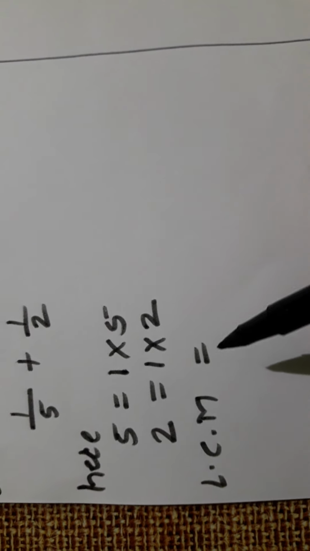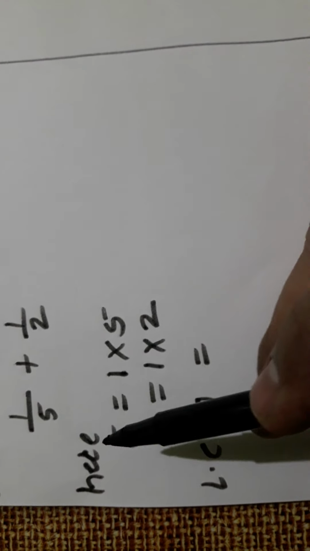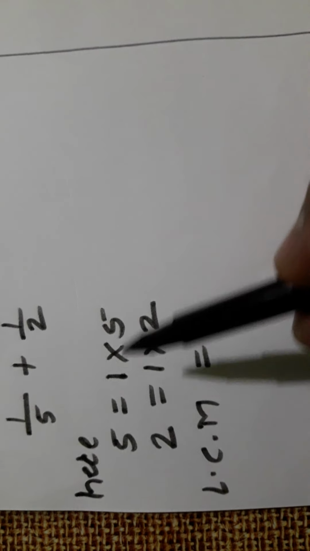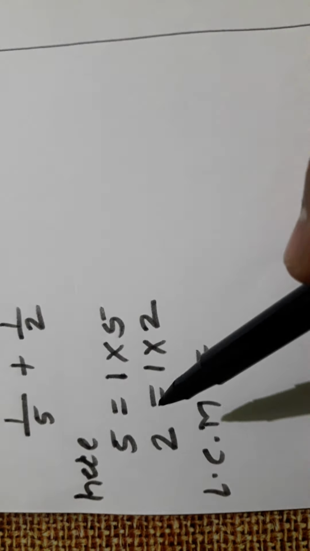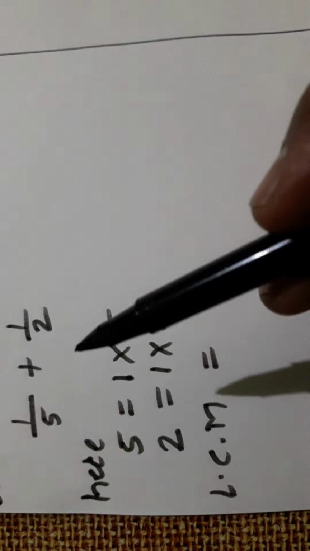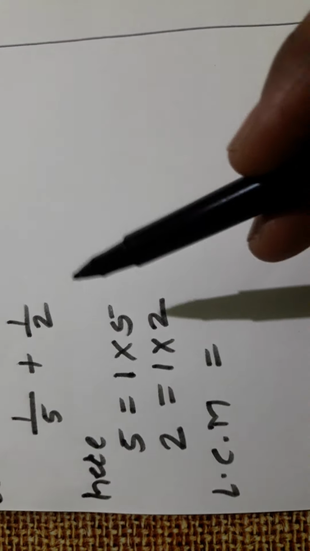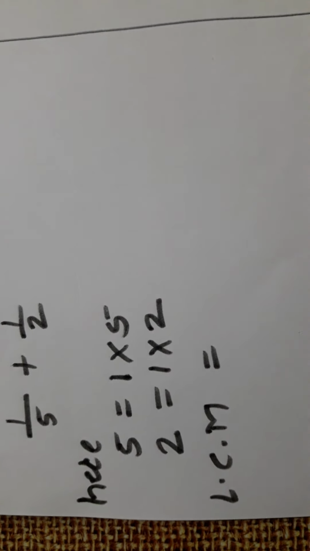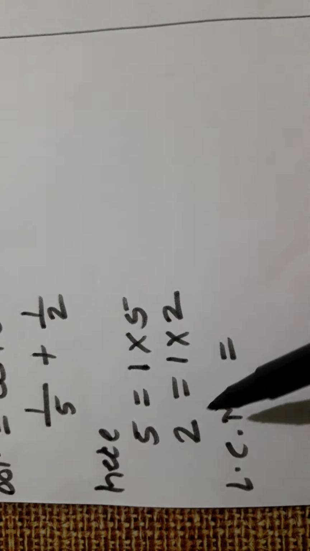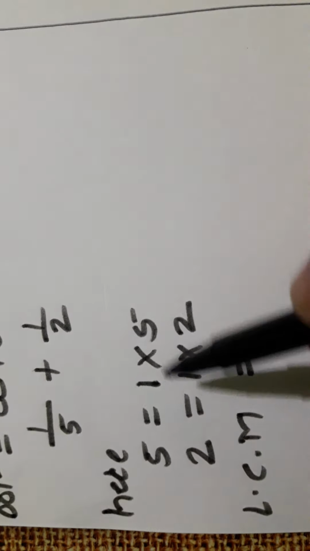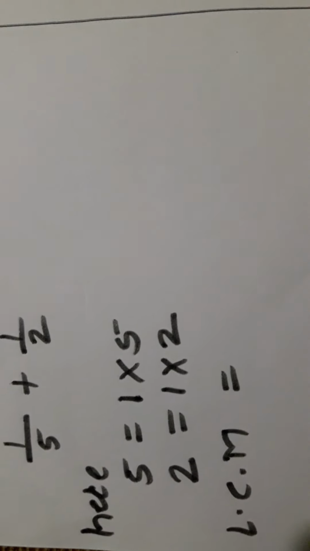While finding the LCM, first of all we have to focus on the factors of the denominators. Factors of 5 are 1 into 5, and factors of 2 are 1 into 2.